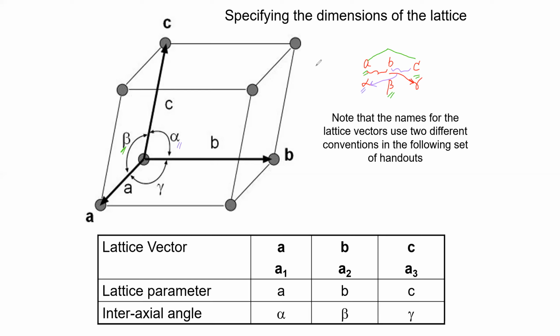So this is alpha, and this is gamma. This is how I normally memorize it, but you may have your own way to memorize, okay?